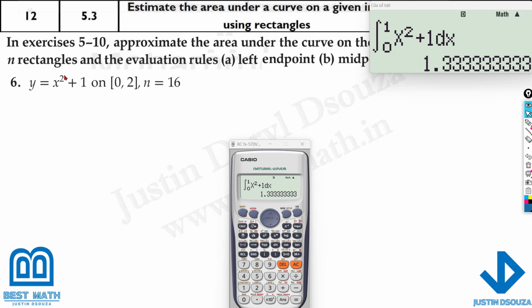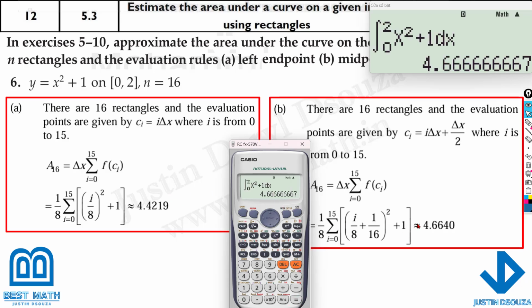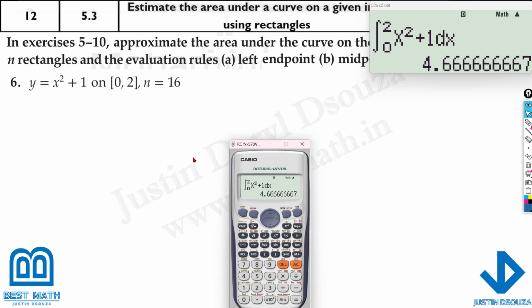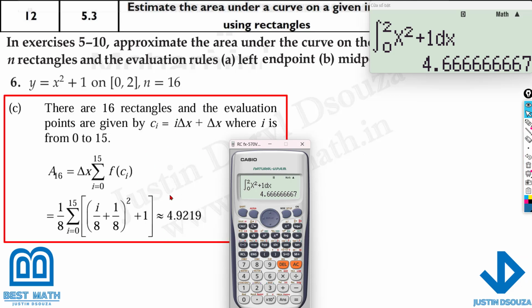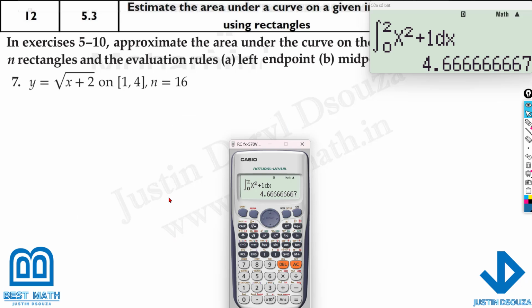Let's do one more problem. It's the same thing, but what we have is from 0 to 2. Now here, you can see it's 4.66, and here we have 4.66, whereas this one is underestimated. That's the left endpoints, whereas the right endpoints, as you can see, is overestimated. And then what about this problem again?